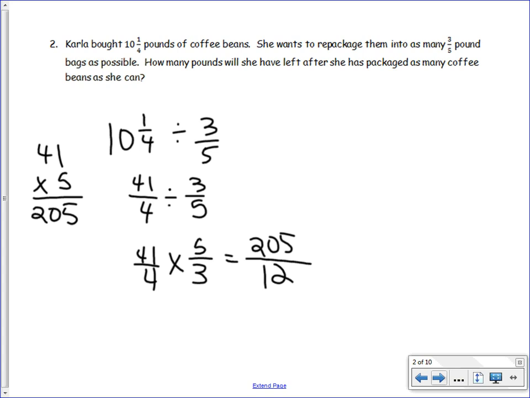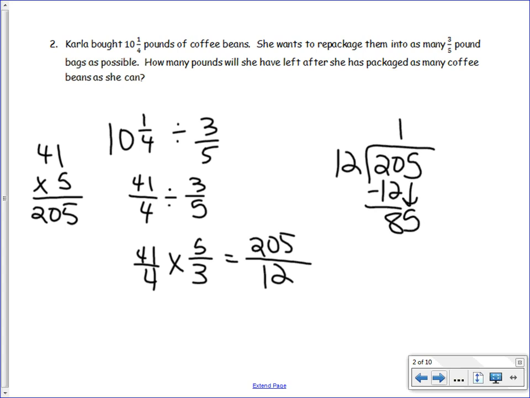This is an improper fraction, so I'm going to divide it so I can get my mixed number. 205 divided by 12. 12 goes into 20 one time with 8 left over. Bring down my 5. I'm going to check how many times 12 goes into 85.